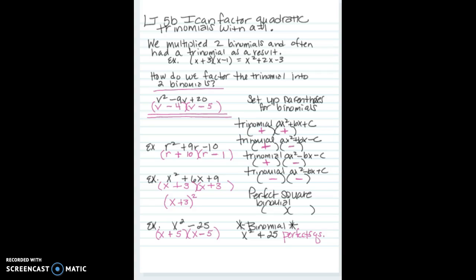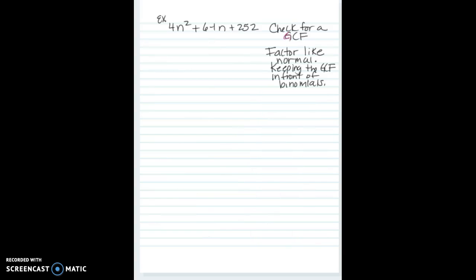And our last example is 4n squared plus 64n plus 252. You want to make sure that you check for a GCF. We have to check for a GCF. In this particular problem, each of these terms can be divided by 4. So we are going to factor the 4 to the front like a distributive property.